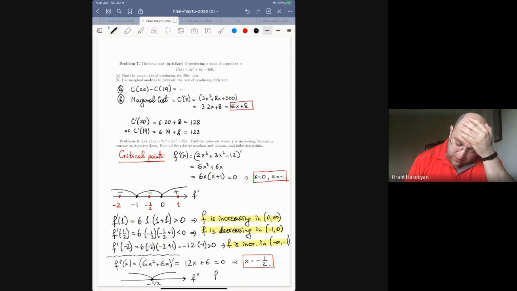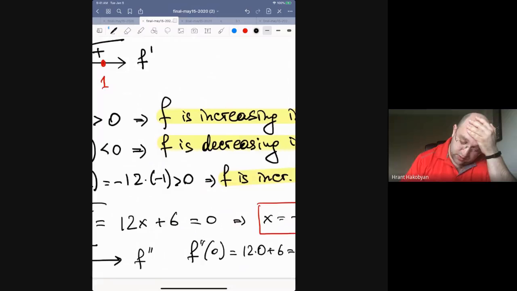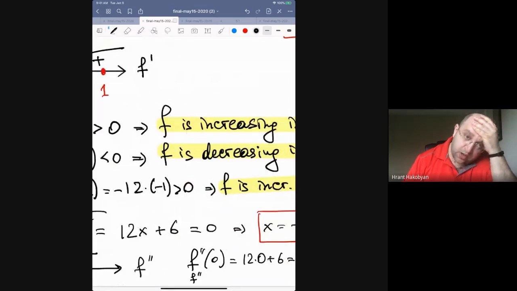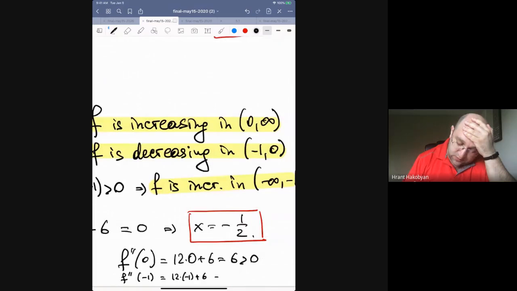And if I plug in numbers, if I take 1 or 0, I'm going to get 6. So let's just write it down. f double prime of 0, 0 is greater than negative 1/2, so it's equal to 12 times 0 plus 6, which is 6, so it's positive. And then f double prime of negative 2 is 12 times negative 2 plus 6, and that's negative, so that's less than 0.